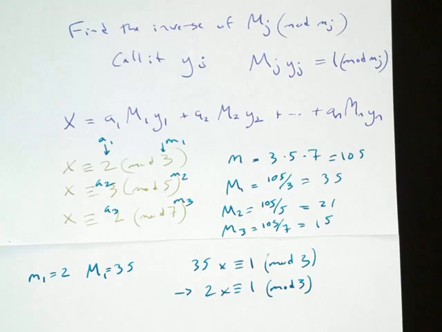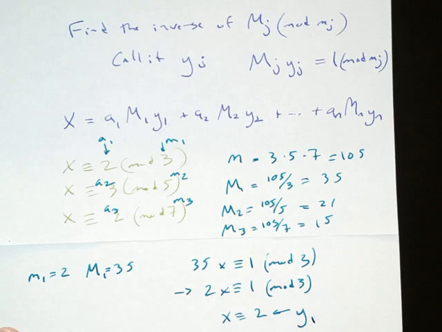What's 2 times 0? The remainder is definitely not 1. What's 2 times 1? I was going to say, be careful here. 2 times 1 is 2. The remainder is not 1. What's 2 times 2? 4. And the remainder, when you divide by 3, is 1. So the correct inverse is 2.